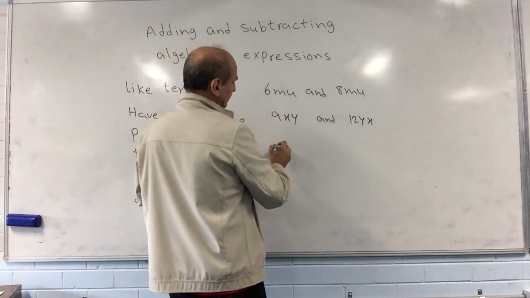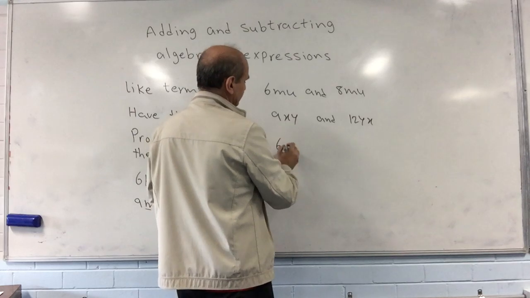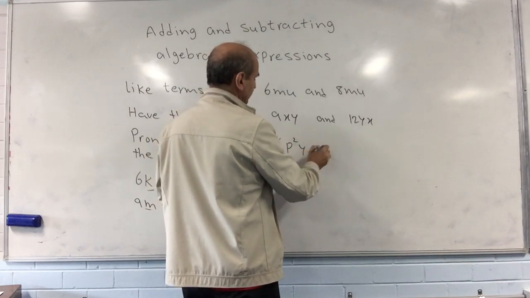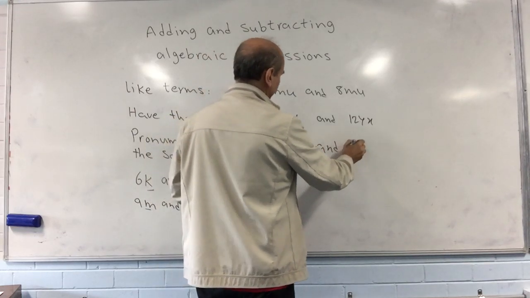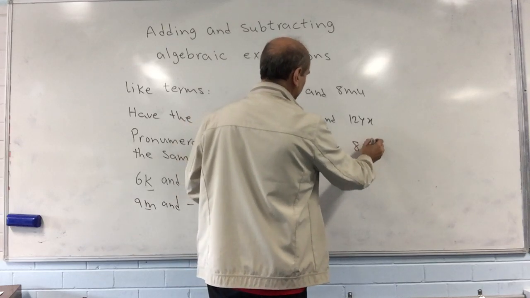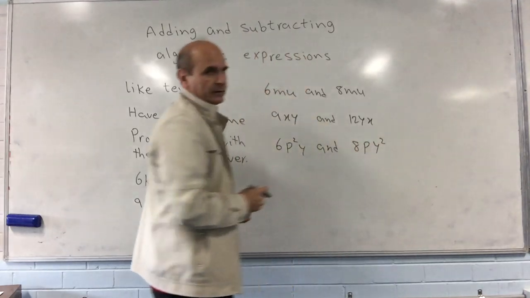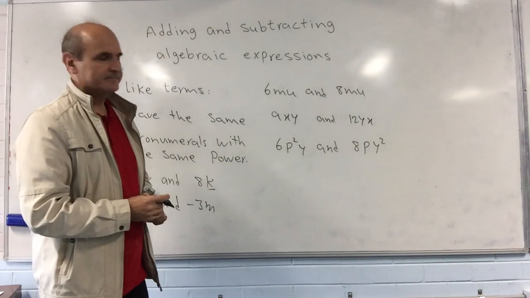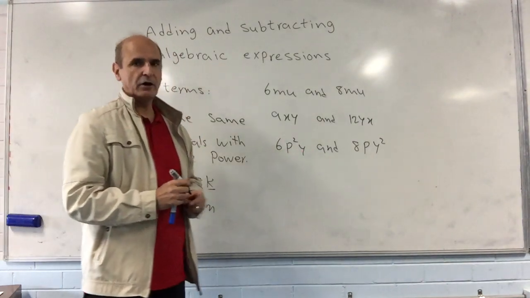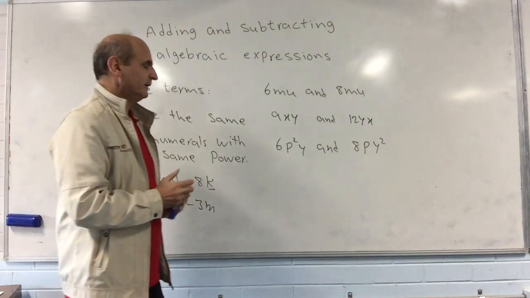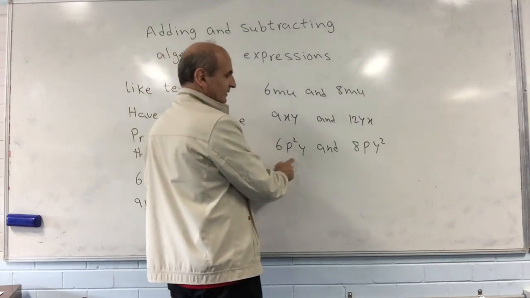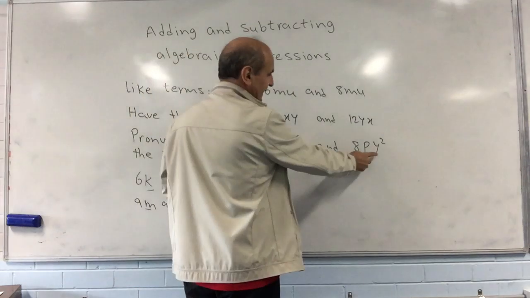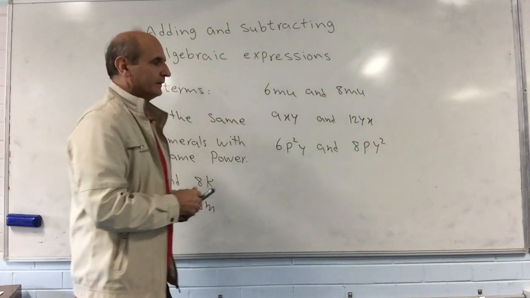What about something like this? 6p squared y and 8py squared. Are these like terms? No, they are not. What is the reason? Even though the letters, the pronumerals, are the same, the powers are different.